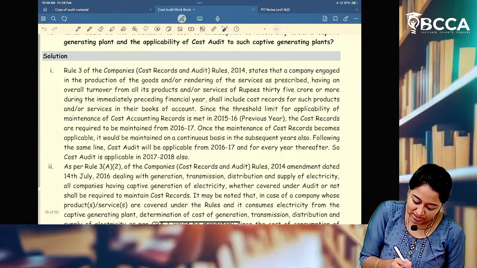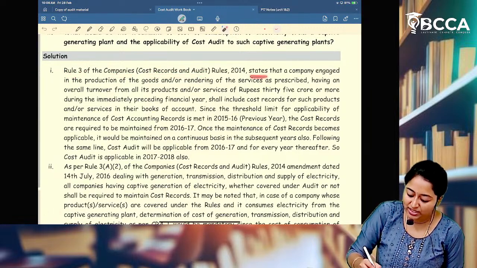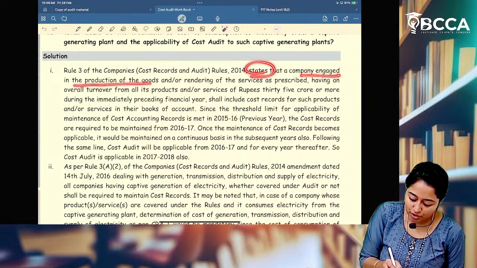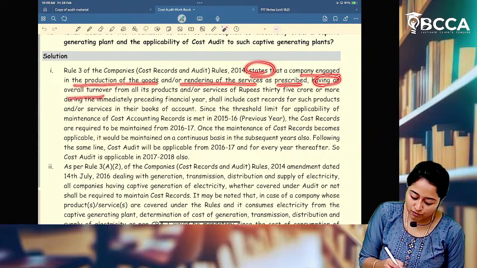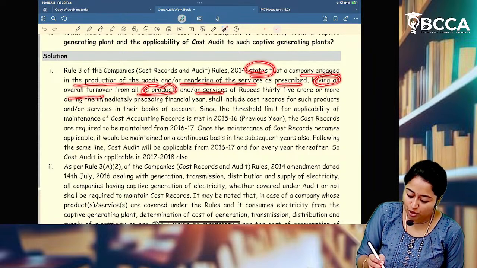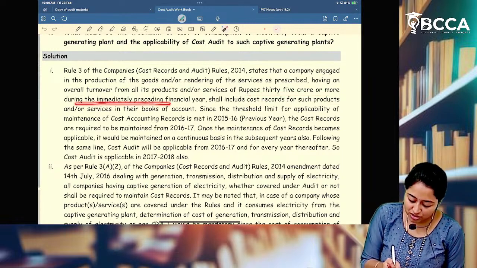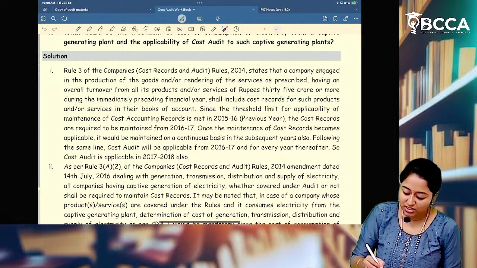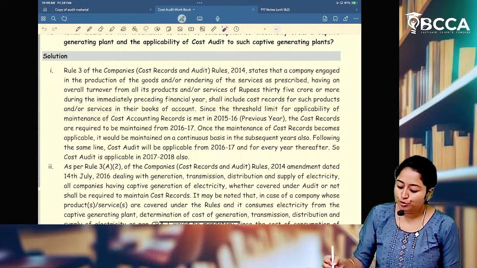See what is given in the suggested answer. Rule 3 of the Companies Cost Records and Audit Rules 2014 states that the company engaged in the production of goods or rendering of services as prescribed, having an overall turnover from all its products or services of rupees 35 crores or more during the immediate preceding financial year, shall include cost records for such products or services in their books of accounts.